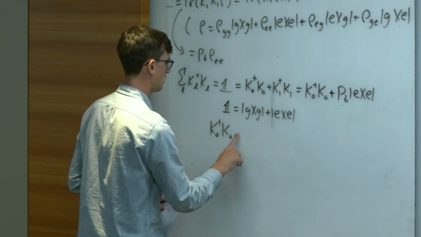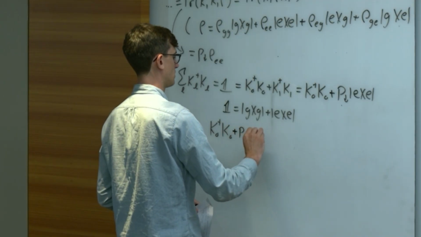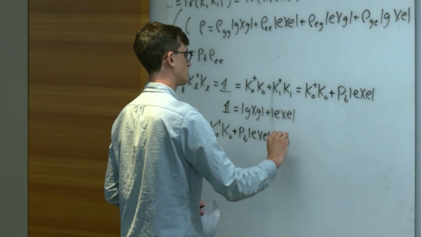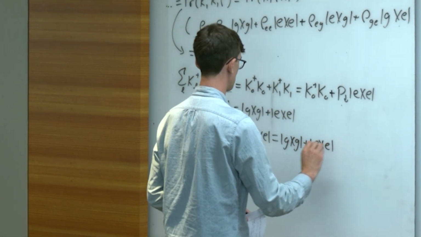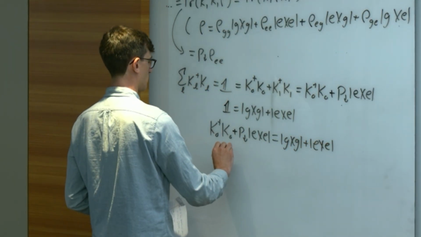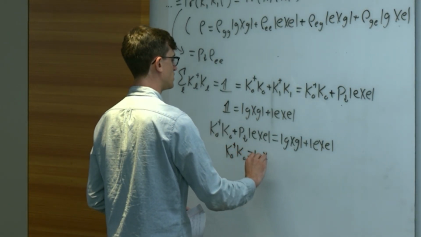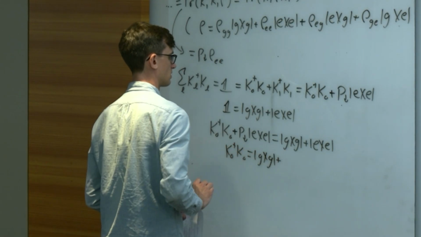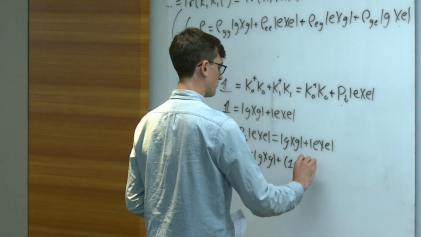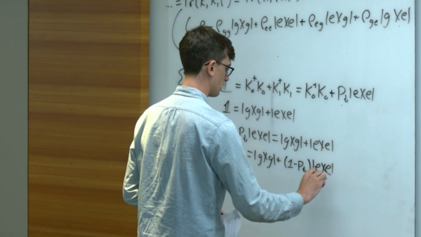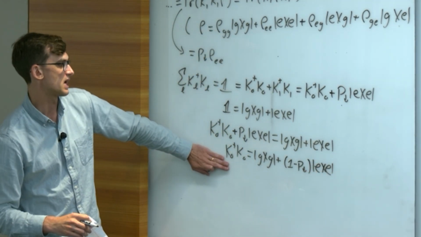K0 dagger K0 plus P down EE equals GG plus EE. So then we get that K0 dagger K0 is GG plus 1 minus P down EE. So that's just what K0 dagger K0 is.